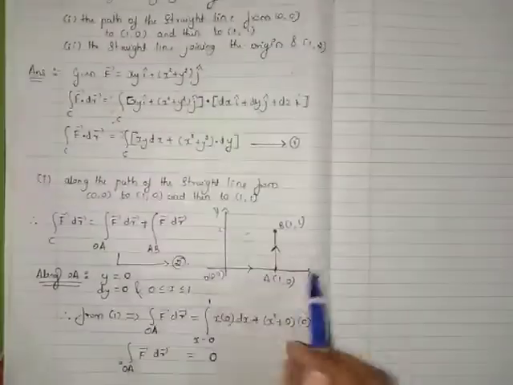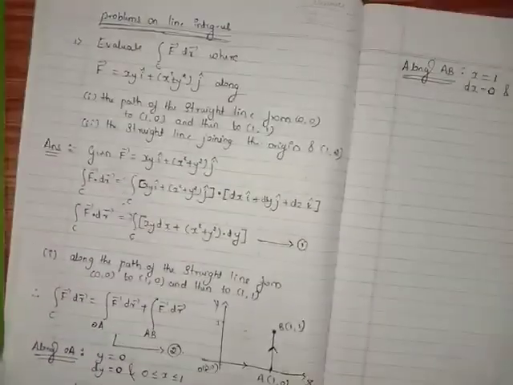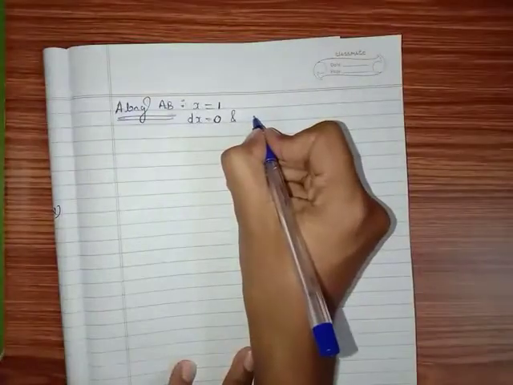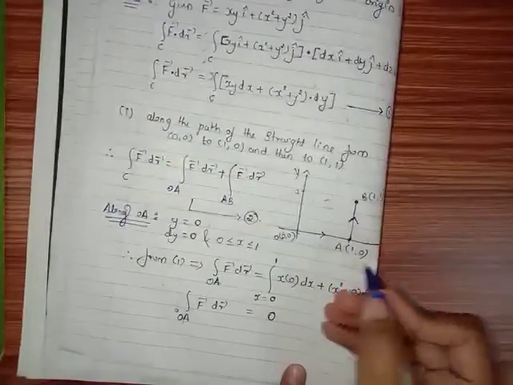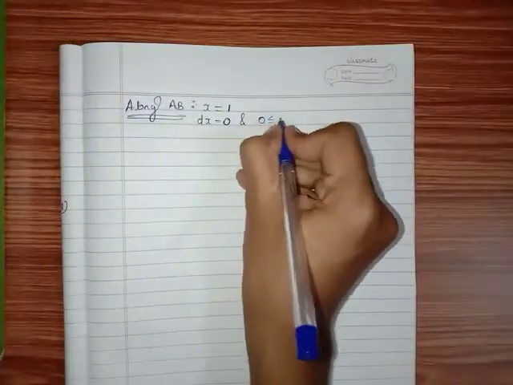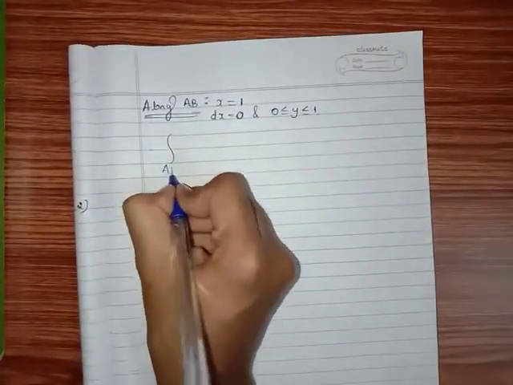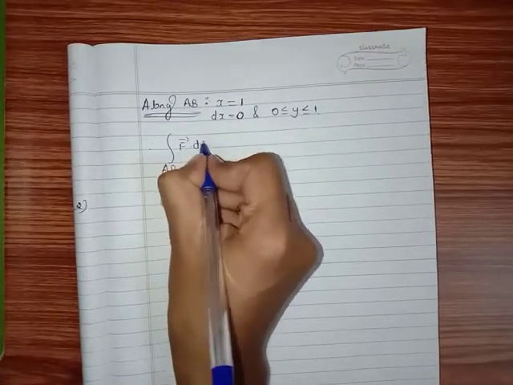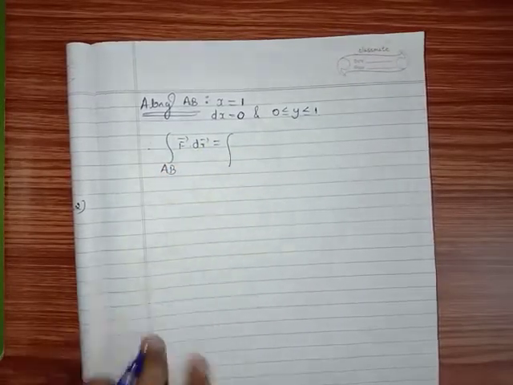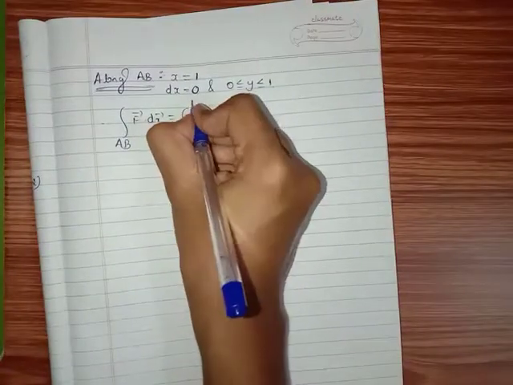Therefore your direction must be O to A and A to B, not B to A. Keep it in mind. Here the y value is 0 at A and 1 at B. Therefore y changes from 0 to 1, so the integration over AB of vector f dot dr has limits y equals 0 to 1.